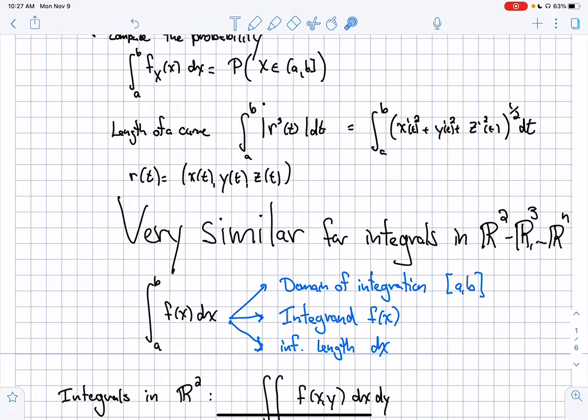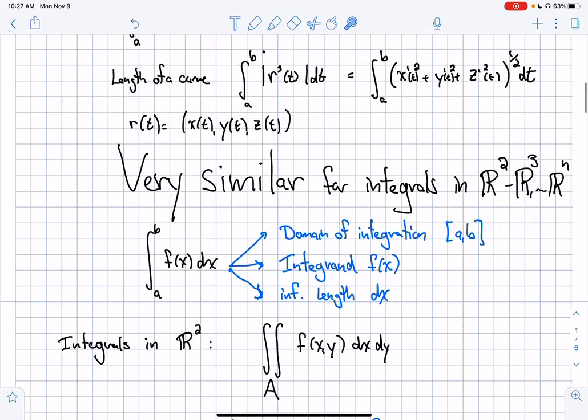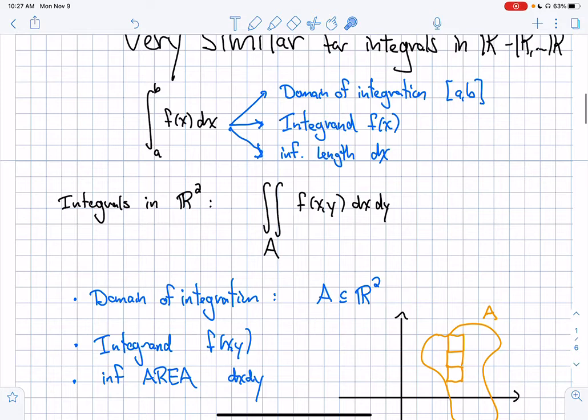All right, so now let's write down an integral in R2. You also have these three parts. We use a double integral because the domain is two-dimensional, it's R2. We have the domain of integration, which is a subset of the input space, a subset of R2.